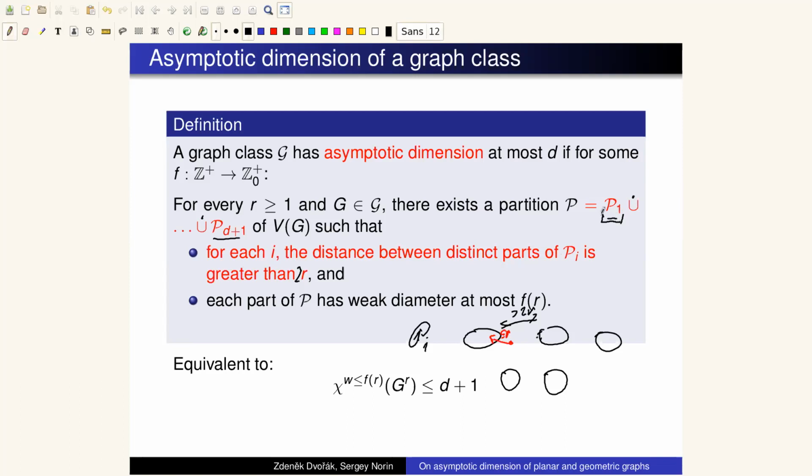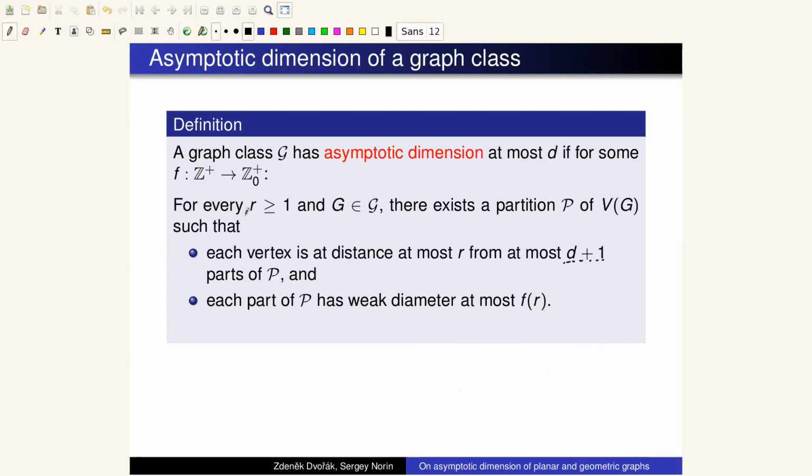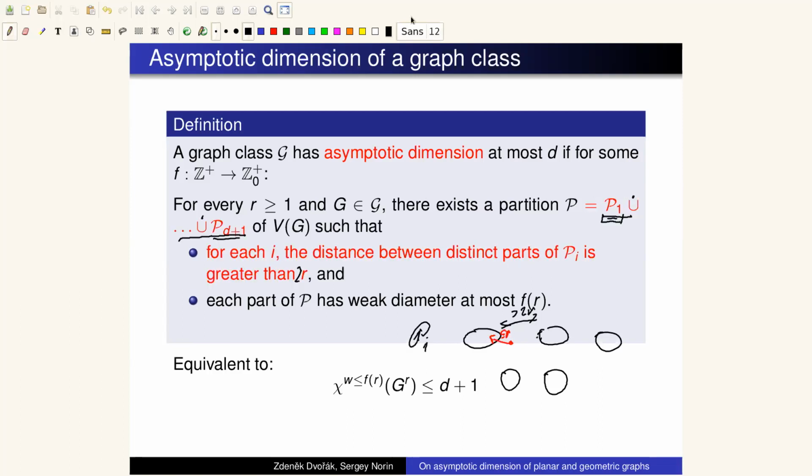So if I have a system of partition which I can divide into these d+1 parts with this property, then it obviously implies the previous version of the definition.